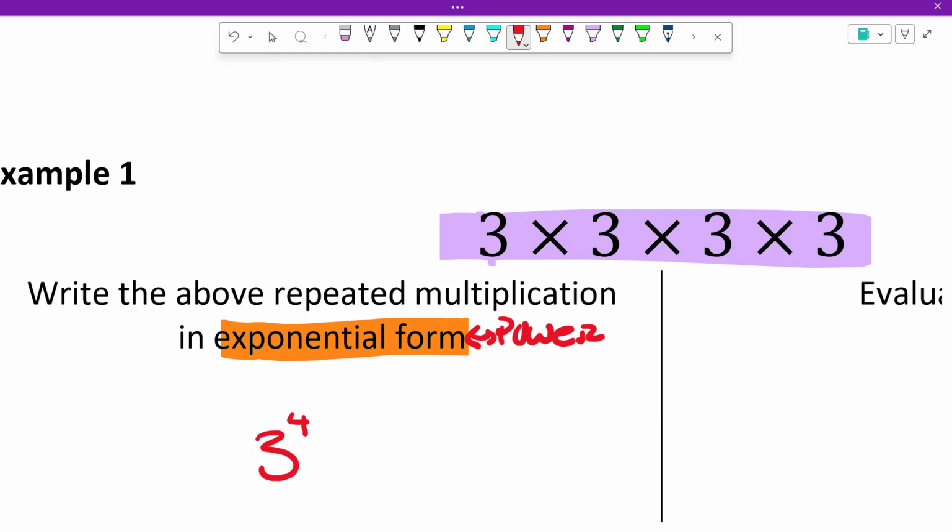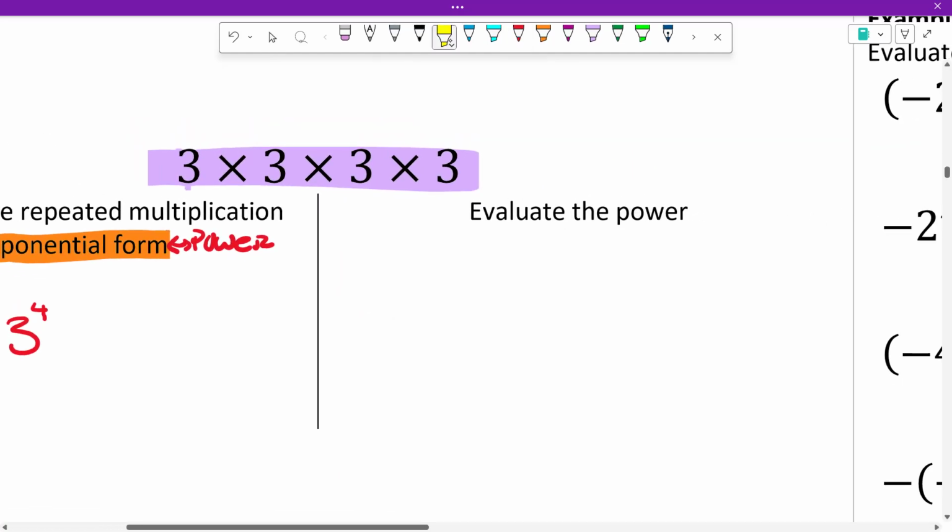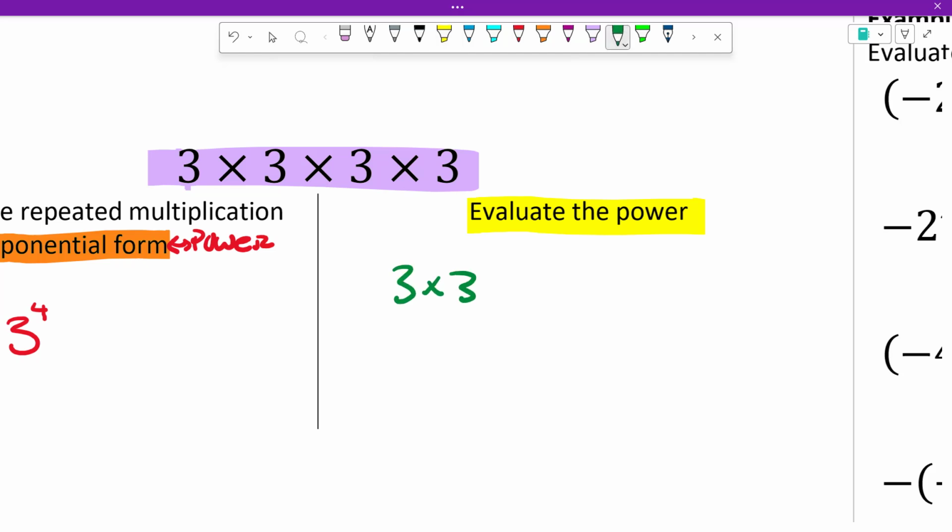Okay, now if I ask you to evaluate the power, what am I asking you to do? Answer it. So we grab out our calculator and we go 3 times 3 times 3 times 3, and we come up with the answer. And some of you guys might be able to do this in your head. 3 times 3 times 3 times 3.